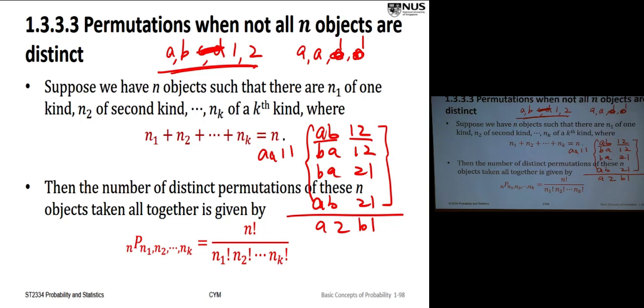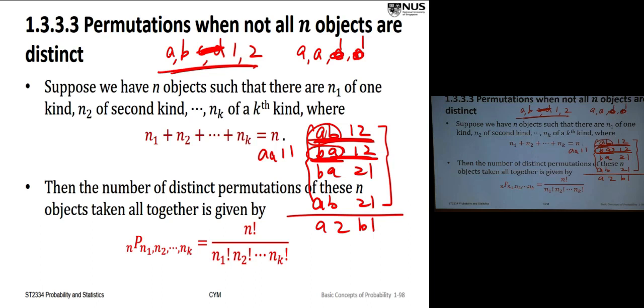But if you treat them as the same, then AB12 and BA12, these 2 arrangements are considered the same if you replace the B by A. So it's AA12 and AA12. So how many of such are considered the same? You just divide by 2. In other words, you just have to see how many ways you can permute this AB, and there are only 2 ways.